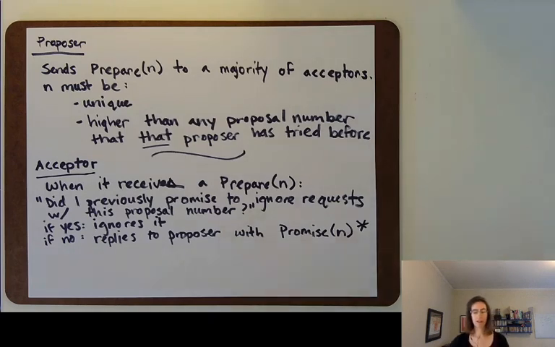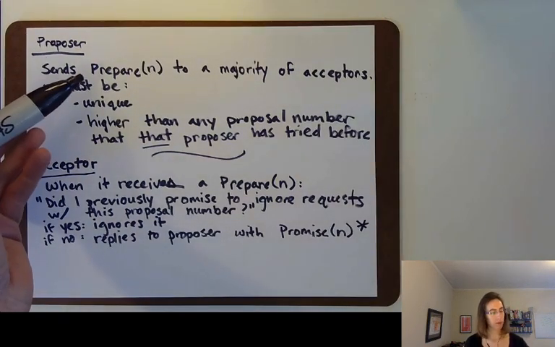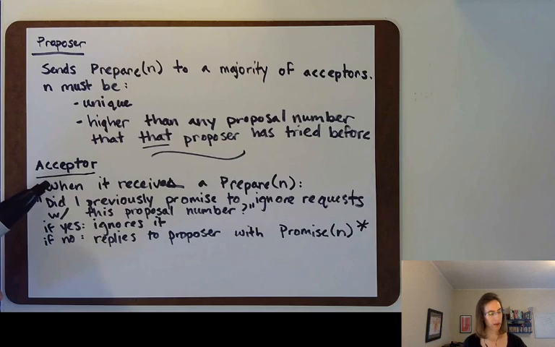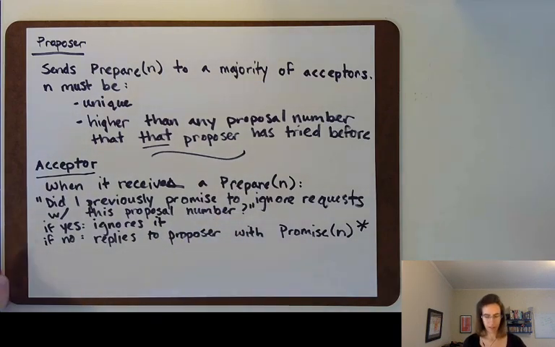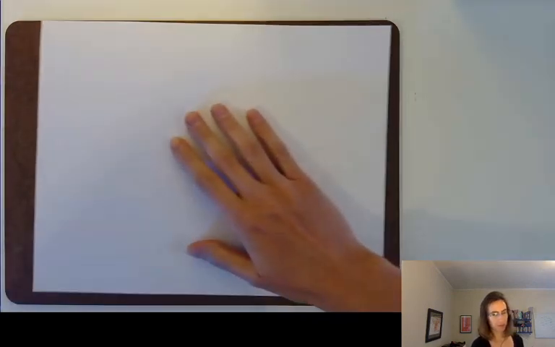For now, let's go back over to the proposer. So we've seen the initial message from the proposer to the acceptors. We've seen what happens when the acceptor gets one of those and replies with promise n. Back over to the proposer.